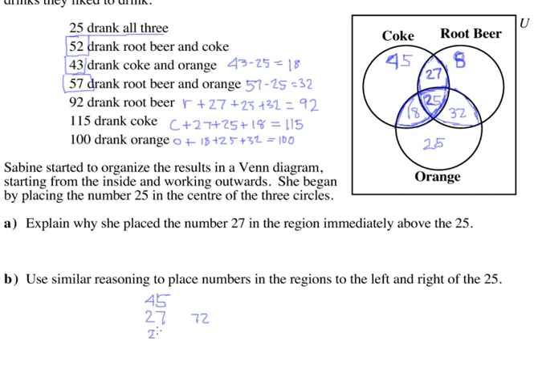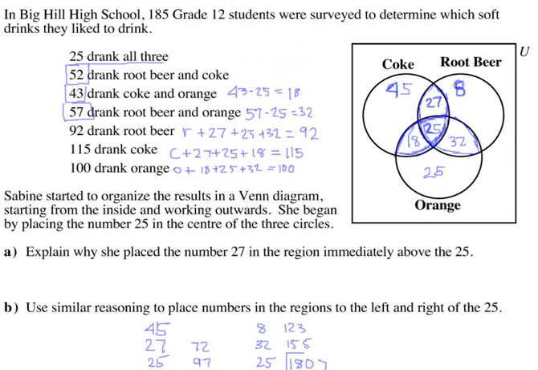And then we have 25 in the middle, brings our total to 97. 18 in the Coke and Orange lenticular brings our total to 115. We have 8 just root beer drinkers, brings the total to 123. 32 more brings it to 155. If you have a calculator, you're probably a mile ahead of me by now. That's okay. I'll catch up presently. And 25 more brings our total to 180. So, in all of these circles, we have 180 people.